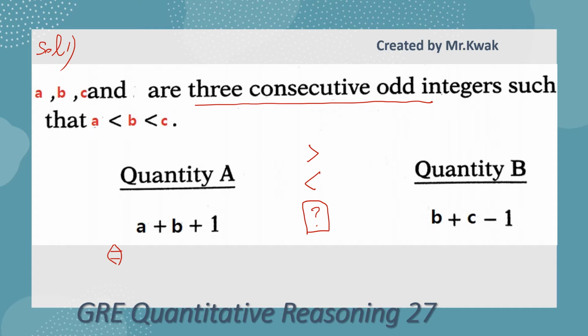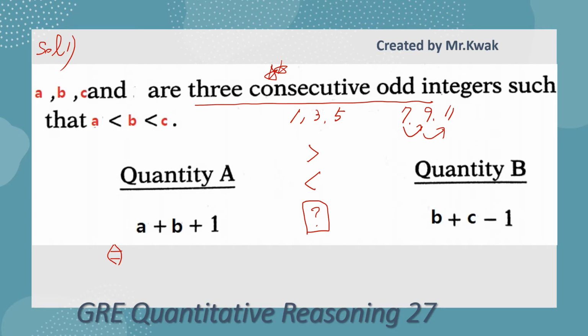But the important clue is three consecutive odd integers. They could be like 1, 3, 5, or for example 7, 9, 11, this way. That means consecutive odd integers. Does it make sense? Yes, right.